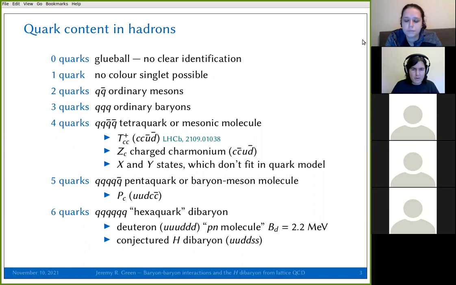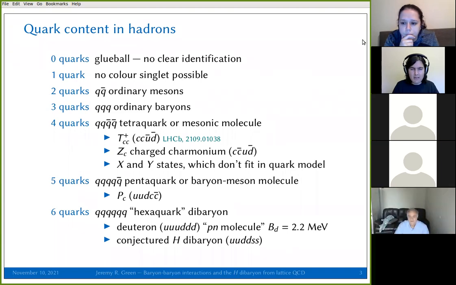It's bound by just 2 MeV. It's described quite well as a bound state of these two particles, not as some kind of unique compact six-quark state. Particularly what I've been looking at is this conjectured state called the H dibaryon. The idea was that it was a genuine hexaquark-like state that has two up, two down, and two strange quarks.